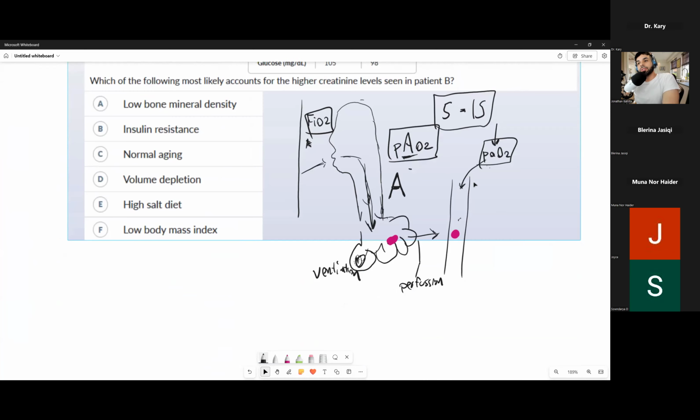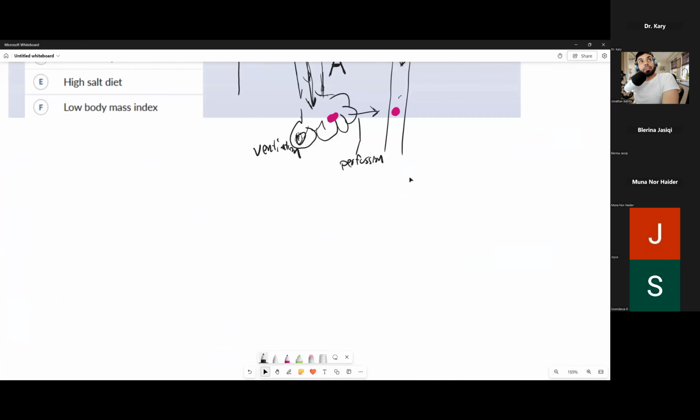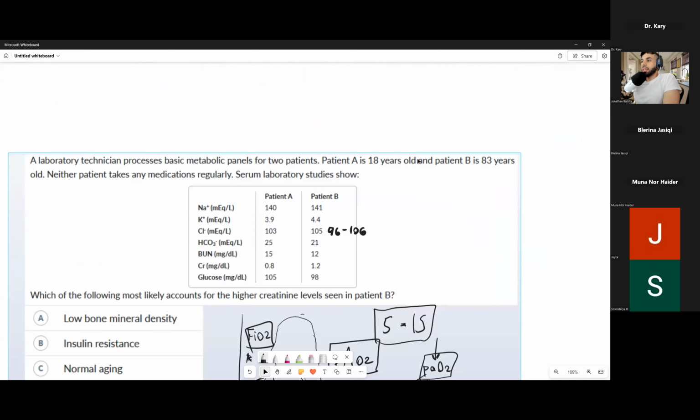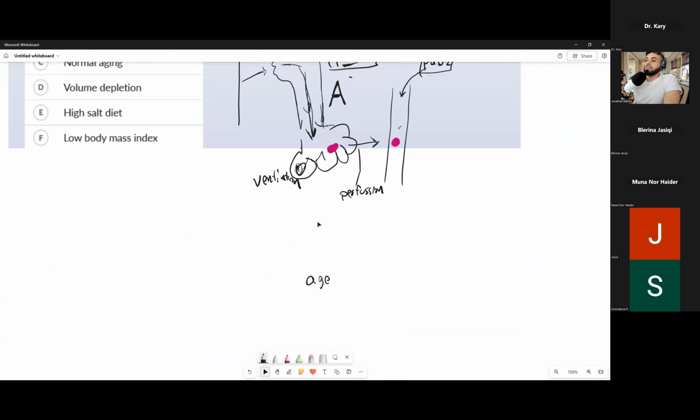So how do we calculate for age? The equation looks like this. You have basically age. So let's look at this patient actually. How old was he? 18-year-old versus 83. Let's say he's 83. So 83 years old, which is age. Just write it here just in case.